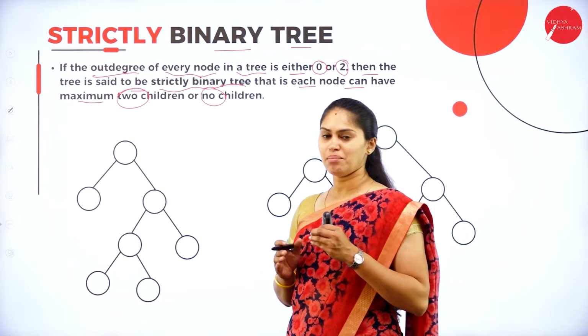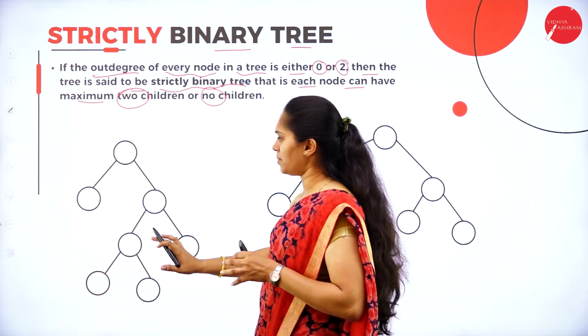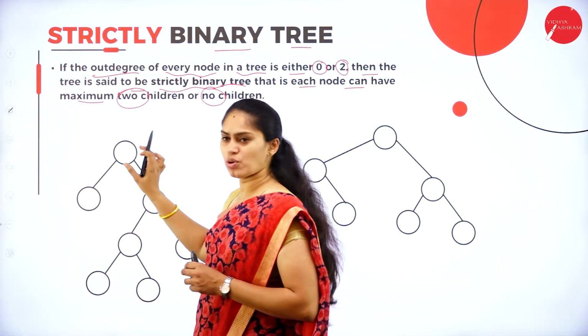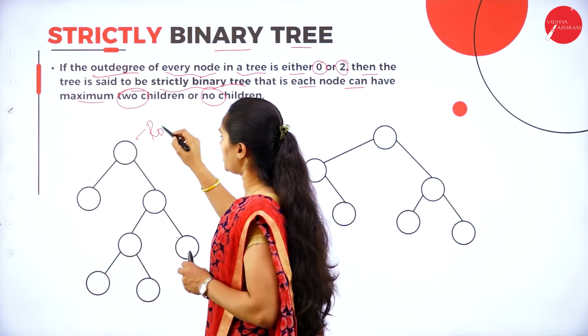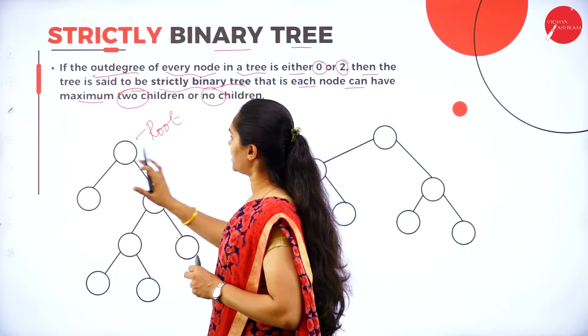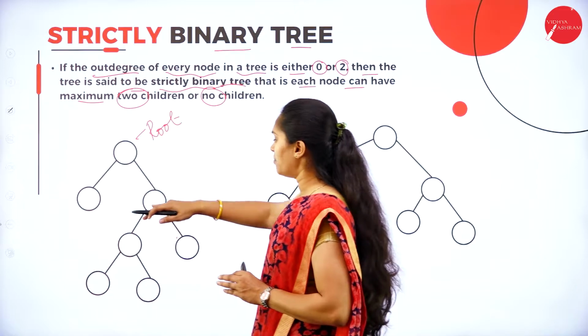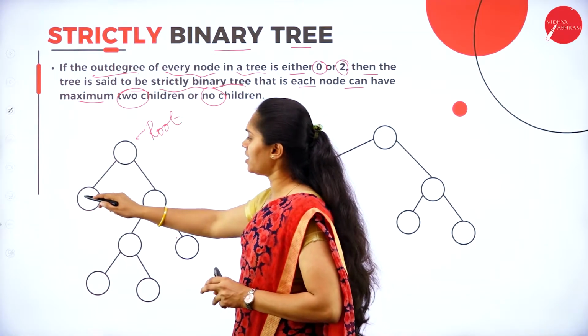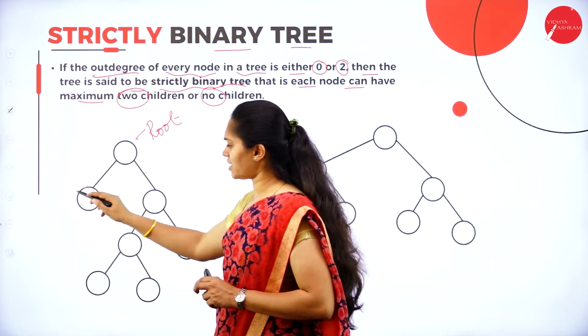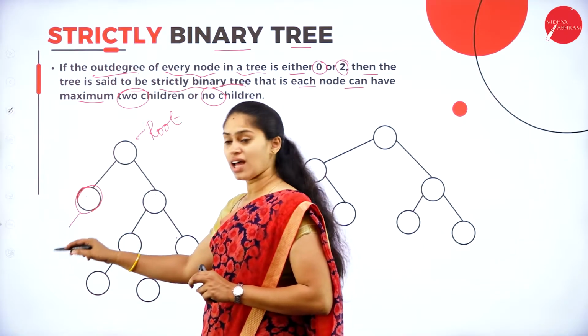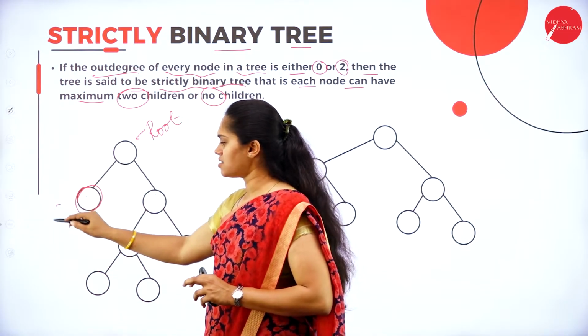For example, if I consider this example here, you can see this is the root node. So what is the out degree of this node? It can be either 0 or it can be a maximum of 2. So here this is 2. If I consider this node, then the out degree of this node is 0.